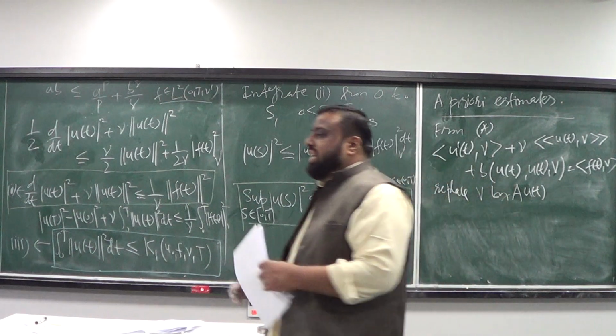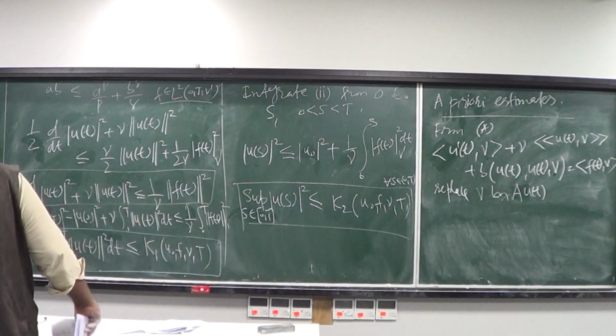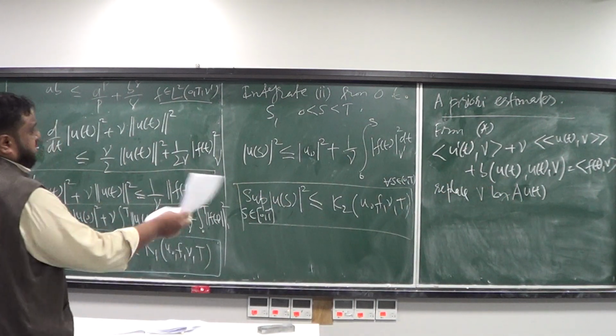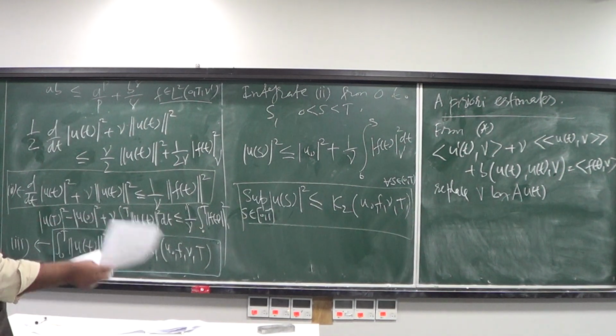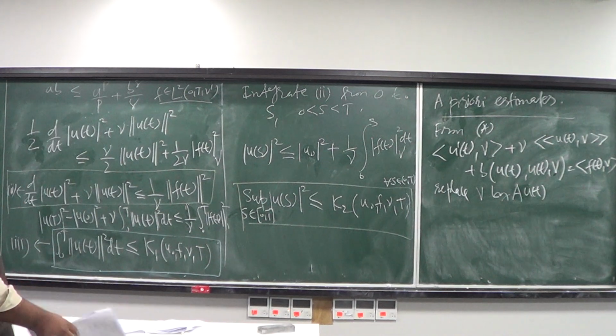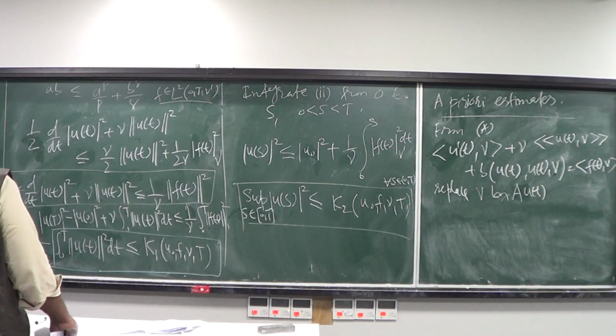As I'm saying, while doing these calculations there is no specification of domain, so these calculations are valid for periodic domain, full space, and bounded domain, and they are also true in 2 and 3 dimensions.